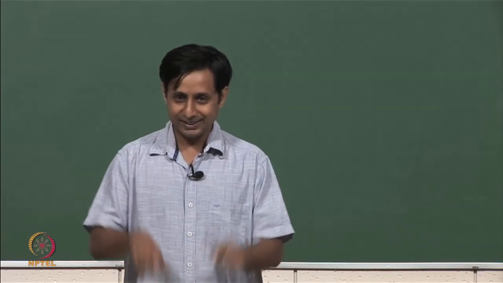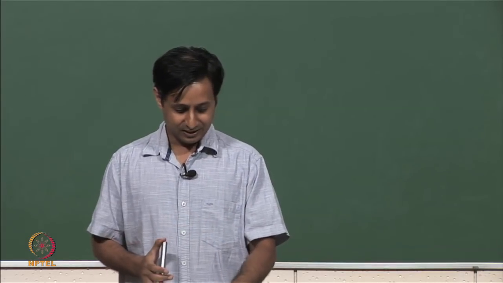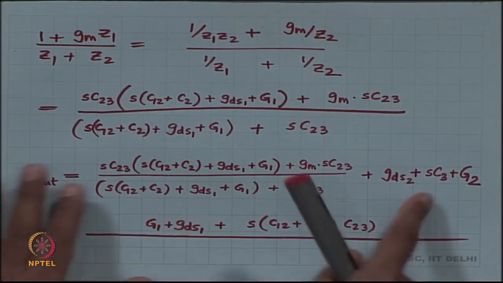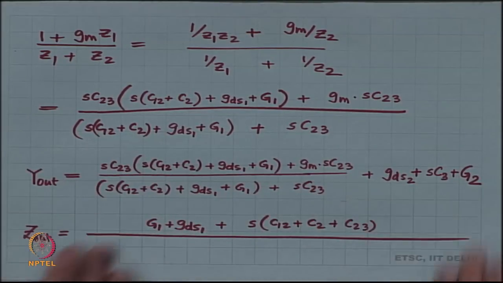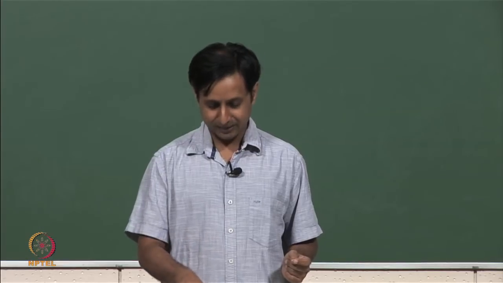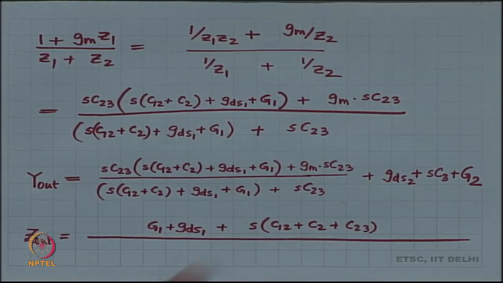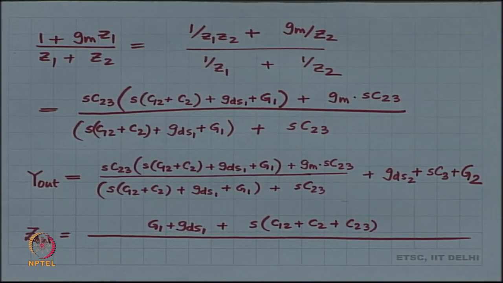Here also it is the same story. The output impedance has 1 0 and then, I mean, it is a mess right now, it looks like there is a mess over there, right. You can write it up, you will get something, and trust me, you will not be able to factorize it. Okay. So, you will get two poles in the output impedance, 1 0, and this 0 happens to be exactly the same as that of the pole of the short circuit current.